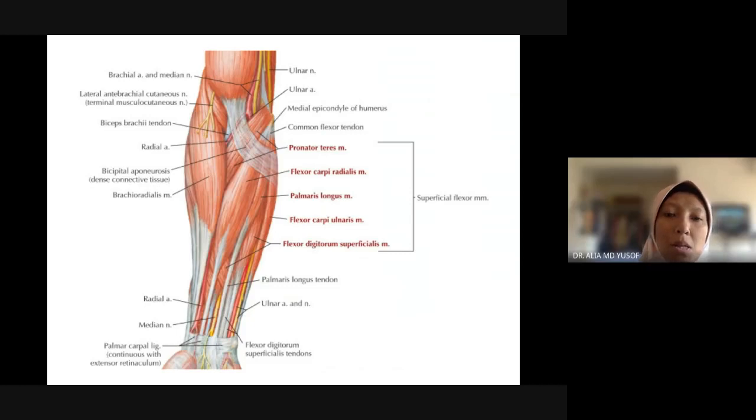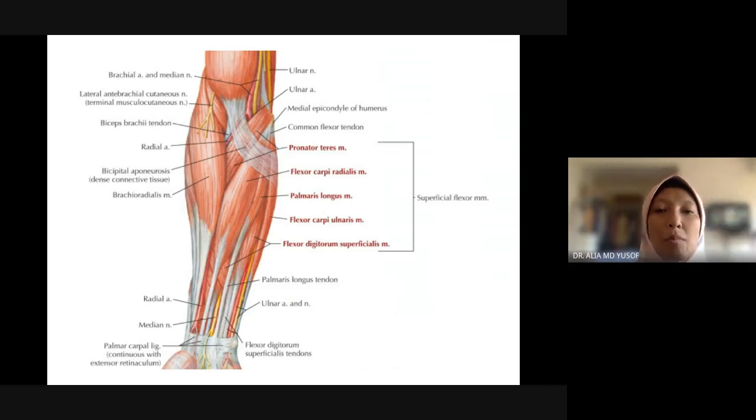Daripada 5 muscle ini, ingat 4 adalah tergolong dalam superficial layer of forearm anterior compartment muscles, iaitu pronator teres, flexor carpi radialis, palmaris longus, and flexor carpi ulnaris. Flexor digitorum superficialis is included as intermediate layer ataupun middle layer of anterior forearm compartment muscle.